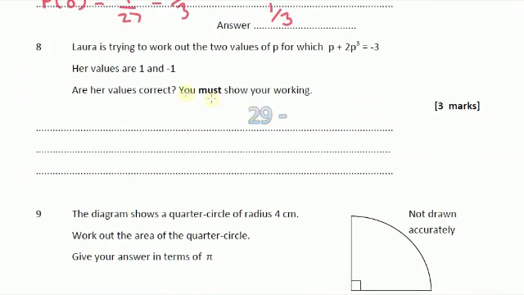Number 8, Laura is trying to work out 2 values of p for which p plus 2p cubed equals -3. Her values are 1 and -1. Are her values correct? Let's try. First of all, for the first one, she said was 1.